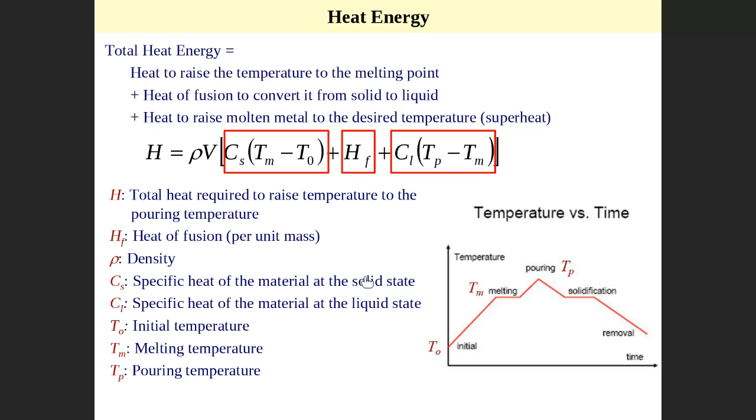This equation shows the total heat required to raise the temperature to the boiling temperature, to do the casting process. Actually, in heating, we have three stages. The first stage raises the temperature from T0, meaning room temperature, to the melting temperature.